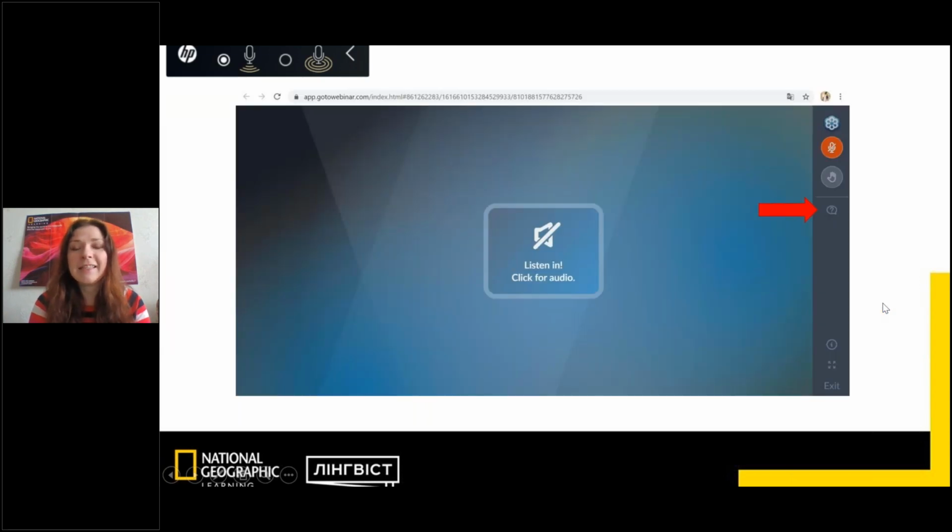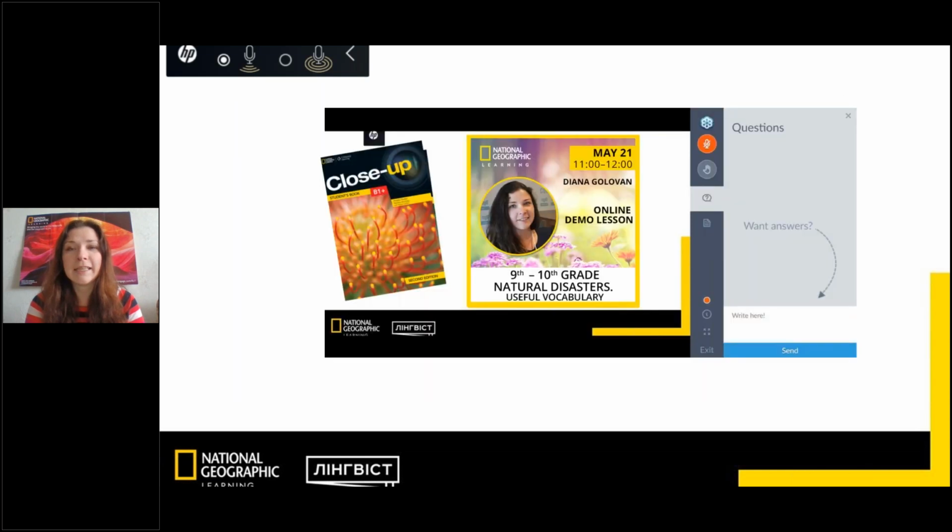Well, this is the navigation. The only way to chat with me on this platform is the question mark that you can see on the right. If you press it, you will see a box, and you can write me a message. I can read the messages, however, nobody else can.